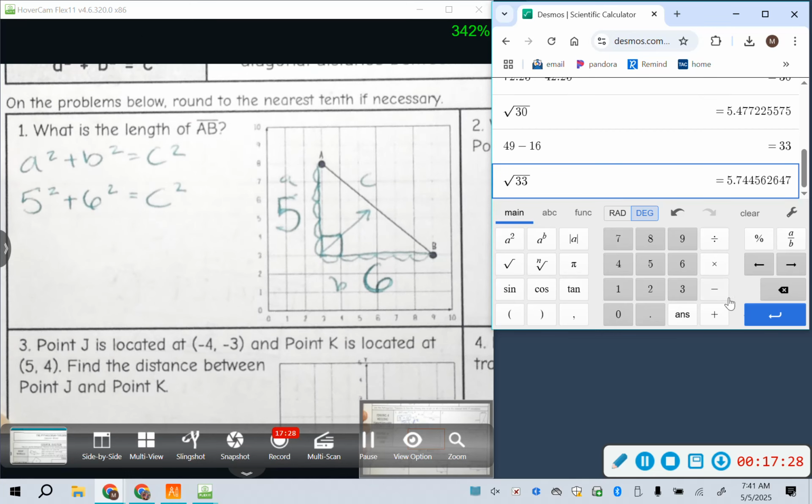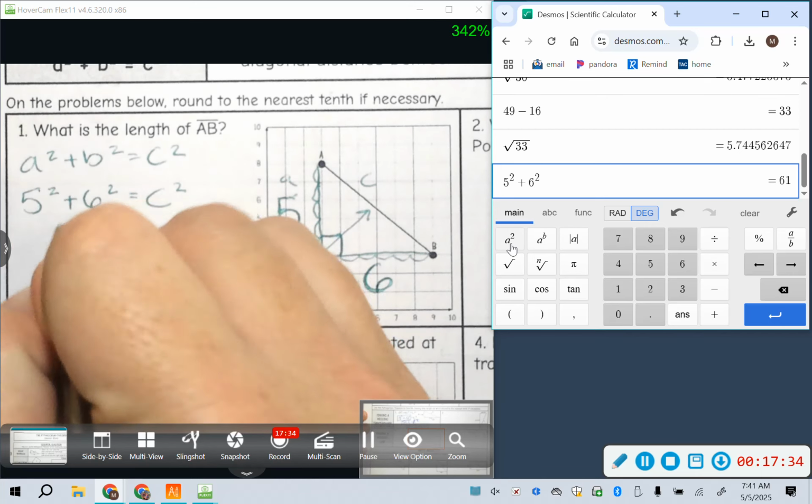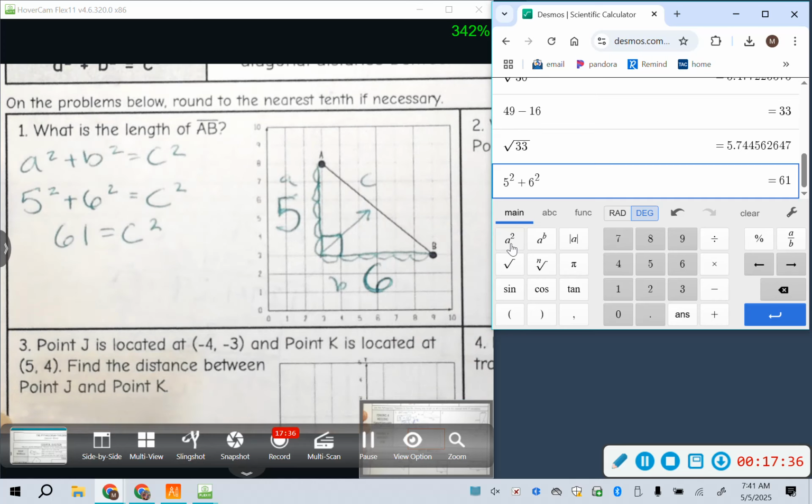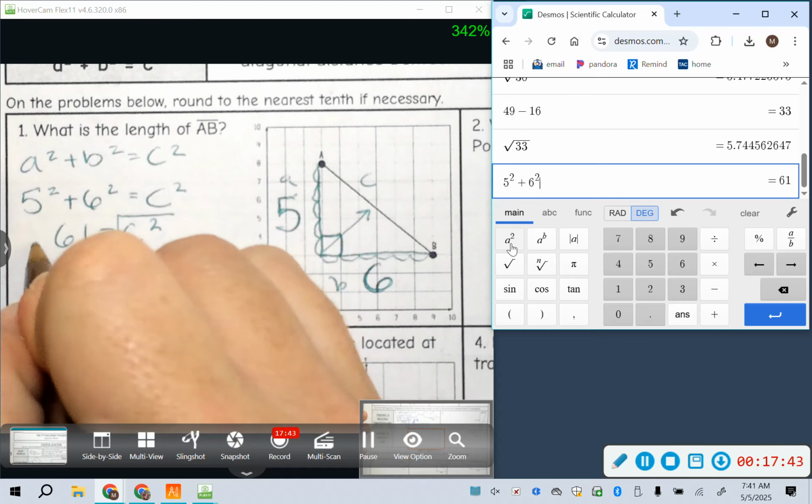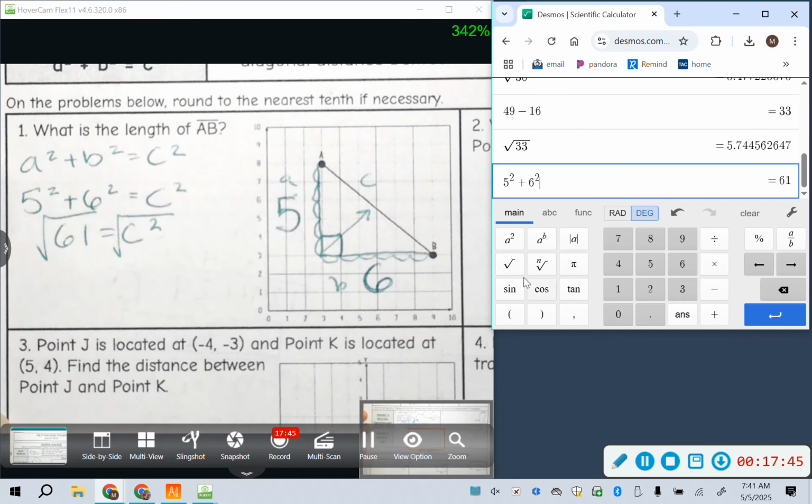And this is where my calculator comes into play. 5 squared plus 6 squared is 61. And what's my last step? Square root both sides. So what does C equal? 7.8.